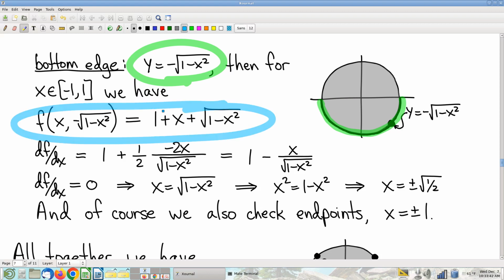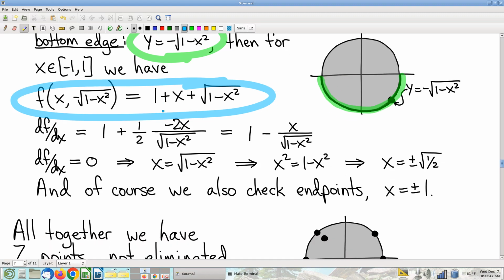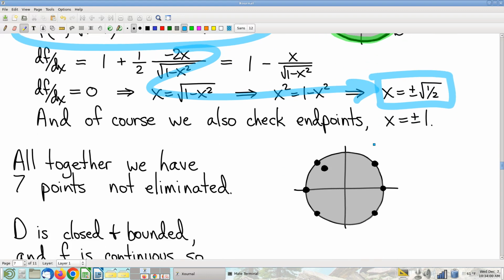Right? Different rewrite for what the function looks like. And so we have to take a whole new derivative and do a whole new process, but taking the derivative, setting equal to 0, that gives rise to, interestingly, the same values of x, but different critical points now because, of course, they have different values of y.